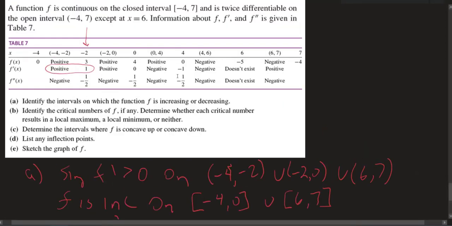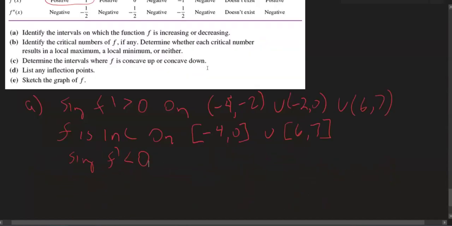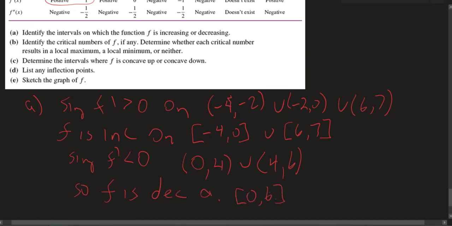The first derivative is negative on the intervals 0 to 4 and 4 to 6. And f is continuous, so f is decreasing on the interval 0 to 6.